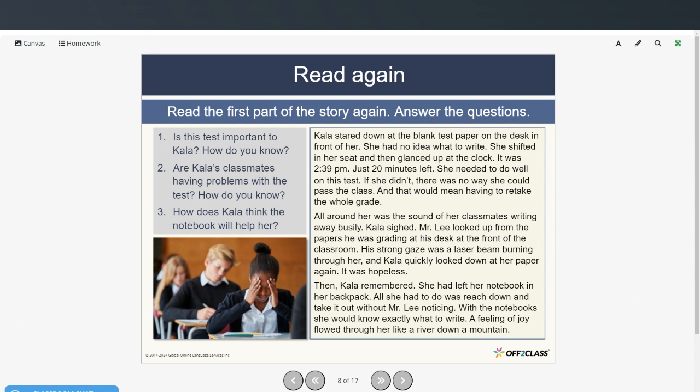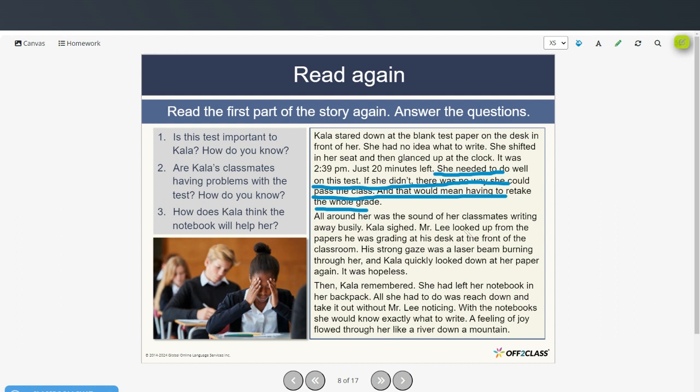So, is the test important to Kayla, and how do you know? Well, it is because she said she needed to do well on the test. If she didn't, there was no way she could pass the class, and that would mean having to retake the whole grade. Are Kayla's classmates having problems with the test, and how do you know?